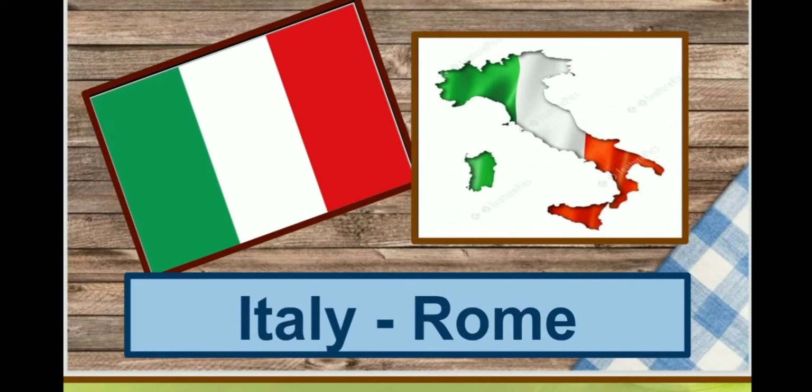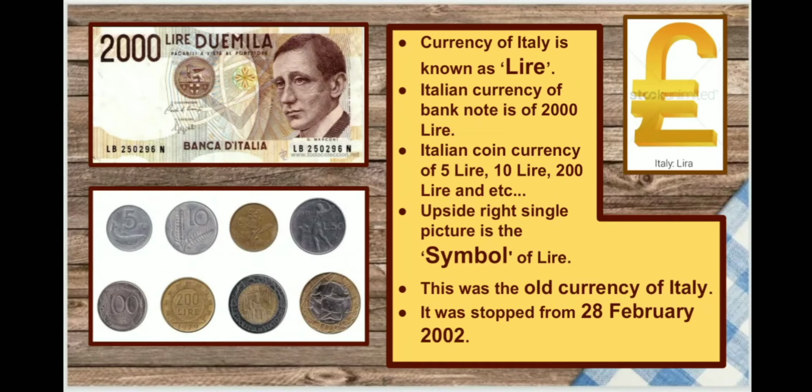The next one, Italy. And Italy, its capital is Rome. Map you can see. Then currency of Italy is known as lira. Italian currency of banknote is of 2000 lire. Left side, the upper one picture, value of this paper currency is 2000 lire.